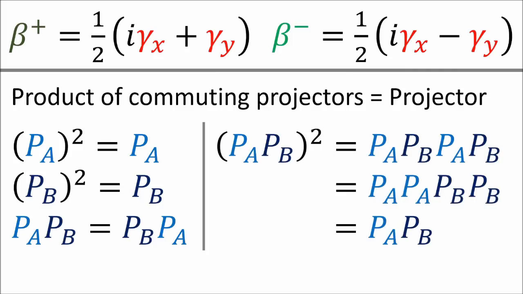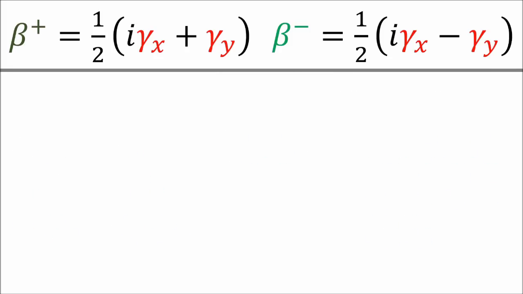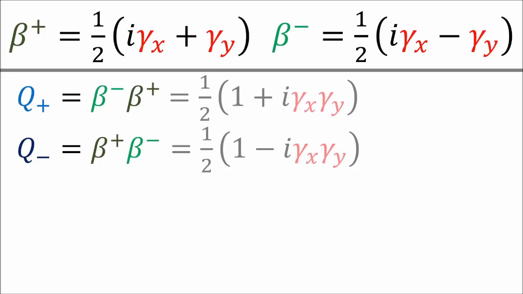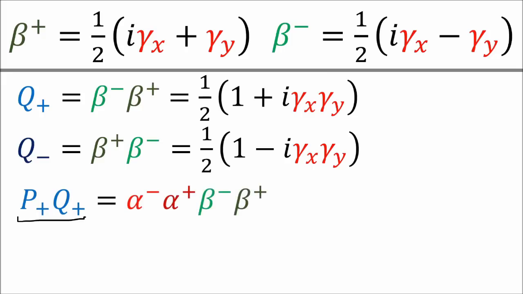Remember, the reason we care about commuting projectors is because the product of commuting projectors is also a projector. If we define the projectors Q plus and Q minus using the products of the betas, we get these projectors that we saw in the previous video. If we multiply P plus and Q plus, we can rewrite the projectors out in terms of our alpha and beta nilpotents.